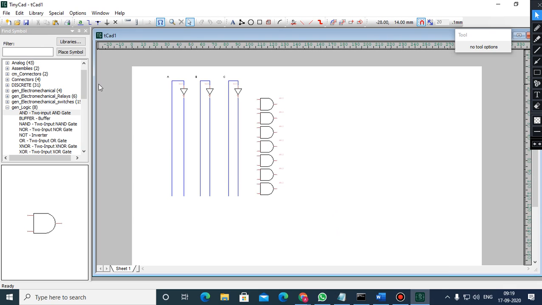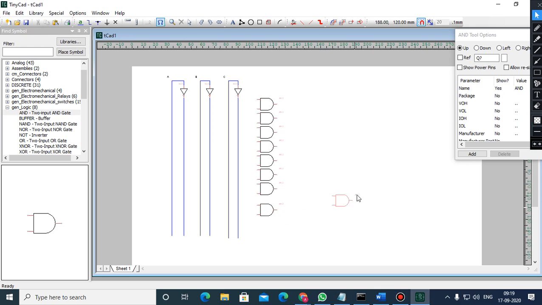I need to extend the line a little bit because the 8th one I have to draw.